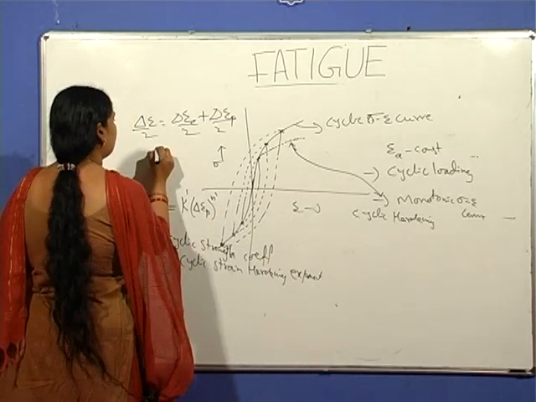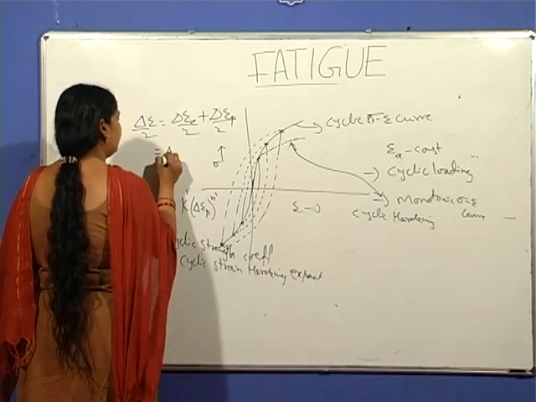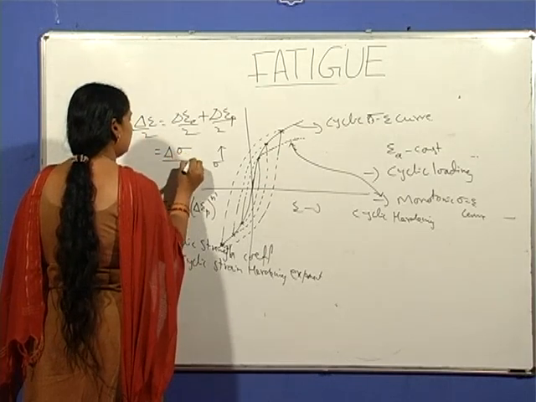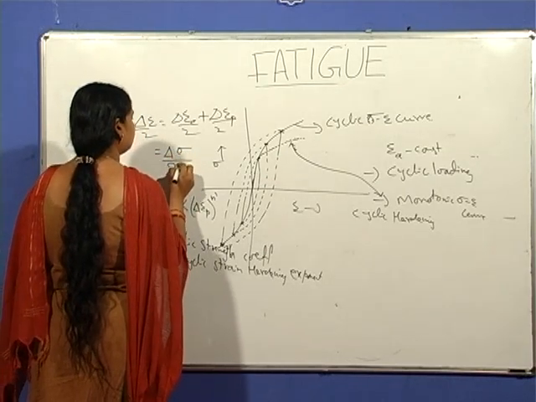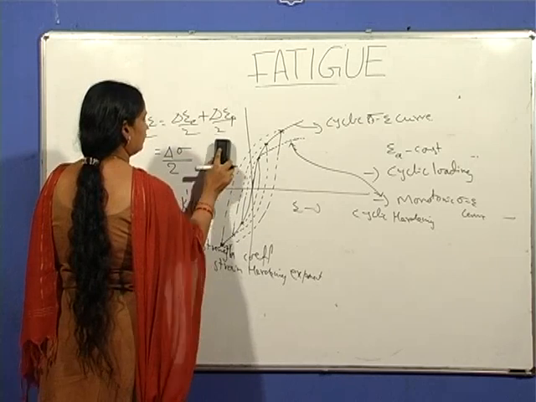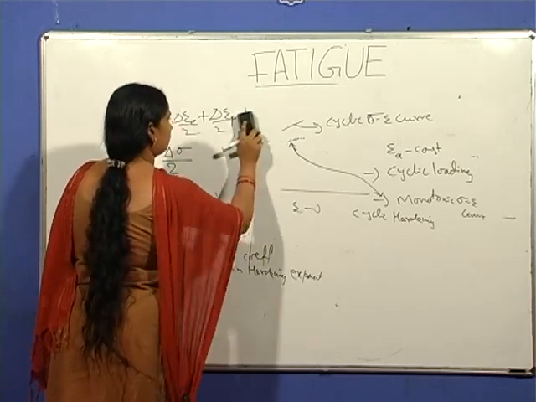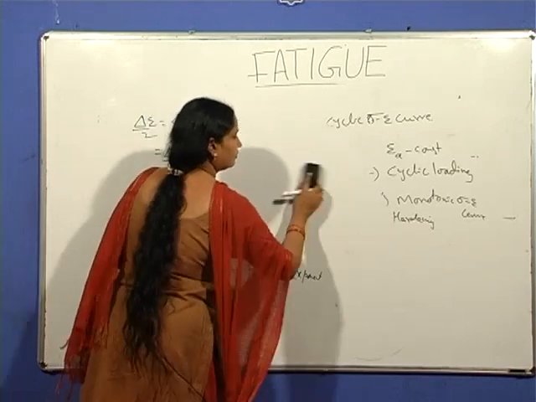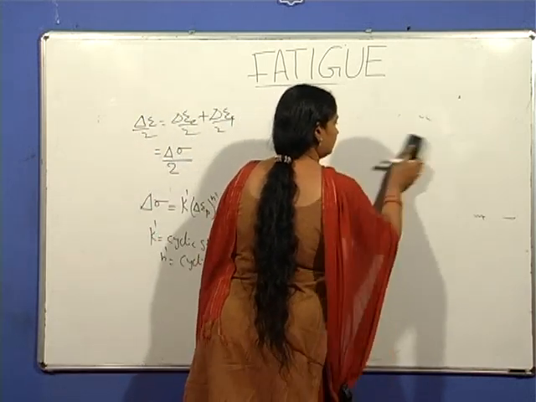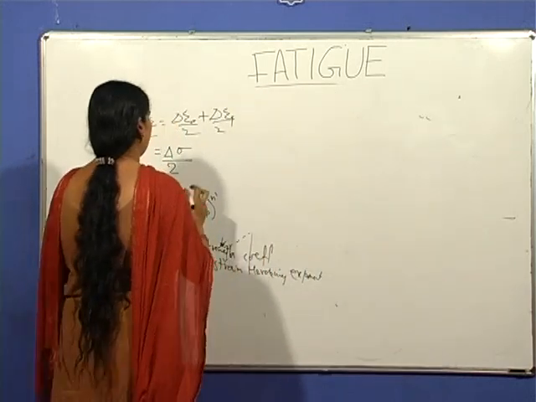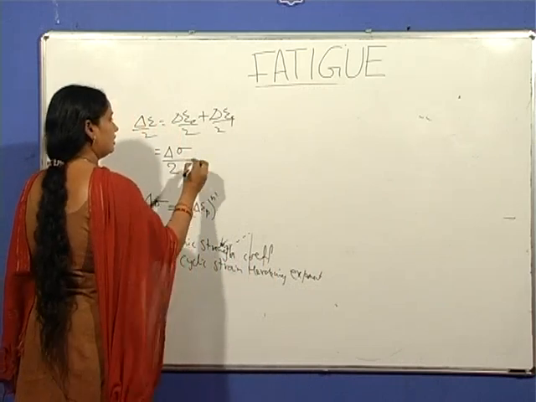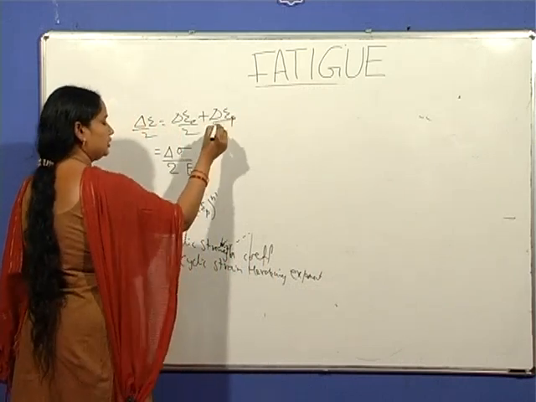So this can be approximated as delta sigma by 2E plus delta epsilon p.